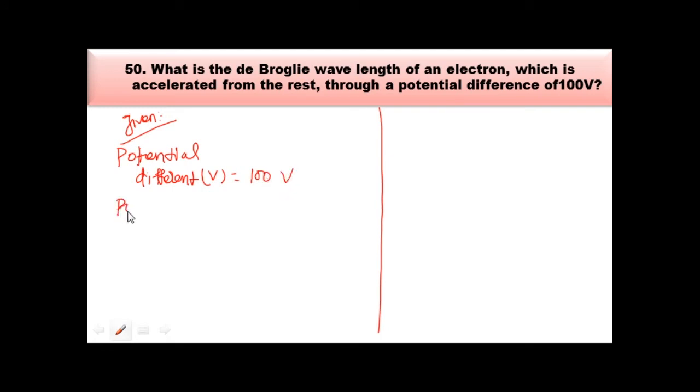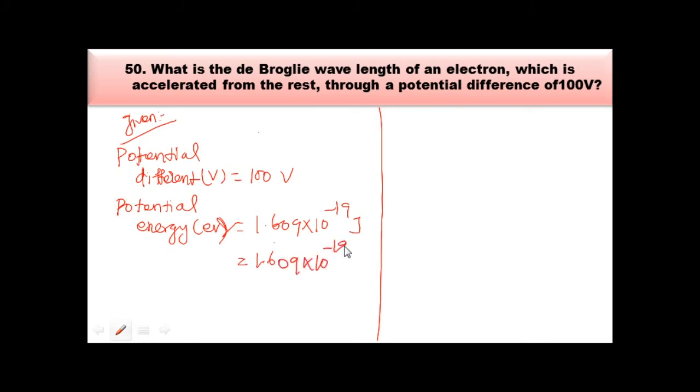So the potential energy, the electron volt, 1 electron volt equal to 1.609 into 10 power minus 19 joule. 1.609 into 10 power minus 19 into 100. So half mv squared equal to 1.609 into 10 power minus 17 joule.